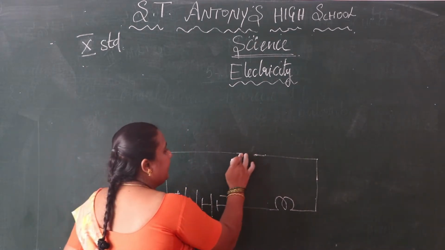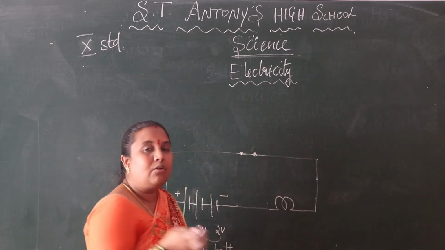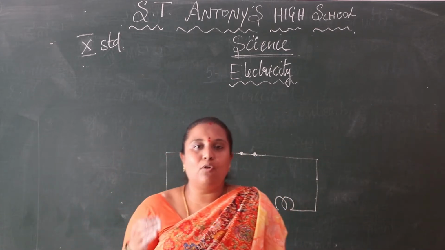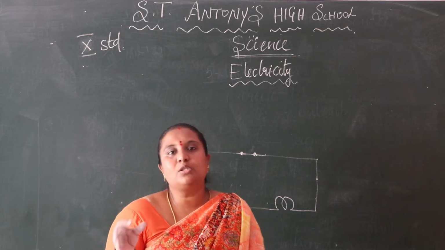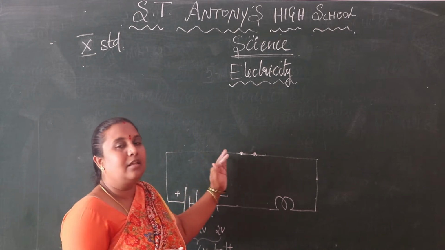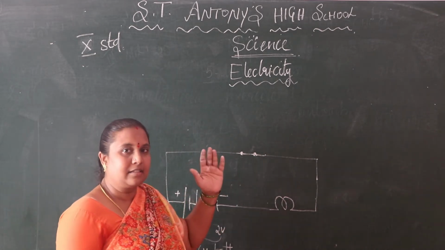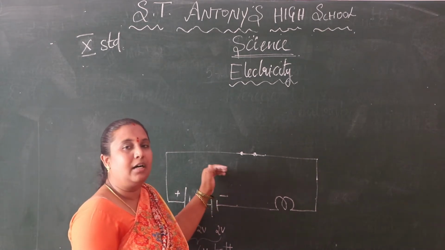If we connect like this, it is on. Always the current flows in the closed path of the circuit. If the switch is open, there is no flow of current.